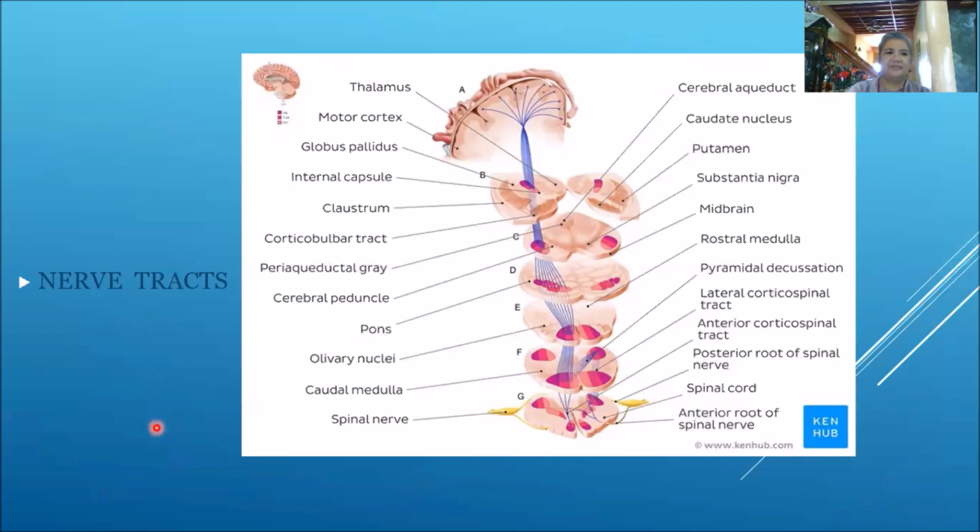Now, this is a nerve tract, diba? As I have said earlier, a nerve tract is a bundle of nerves. So you have here, usually the nerve tracts are both ascending and descending tracts of the spinal cord. So you can see this.